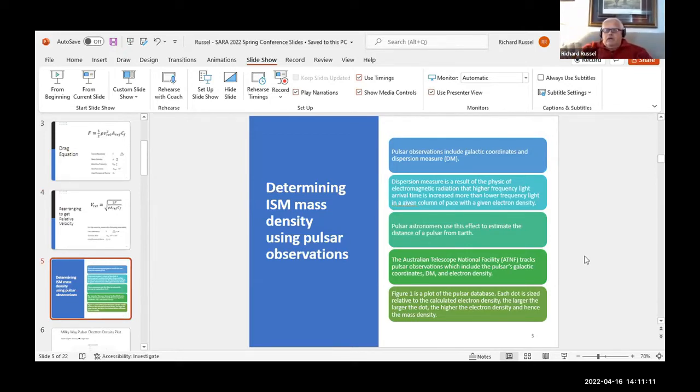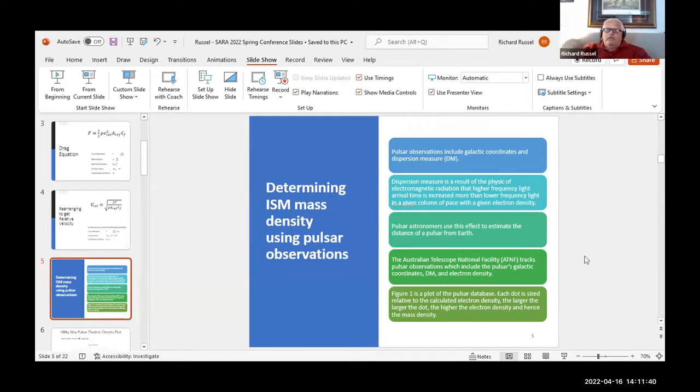That is what I'm not trying to find. I'm trying to find out what the relative densities are, and not assume that the entire galaxy is a constant density. So we're going to use the actual measured values of distance and recalculate what the electron density is from there. Australian Telescope National Facility, I had it already.